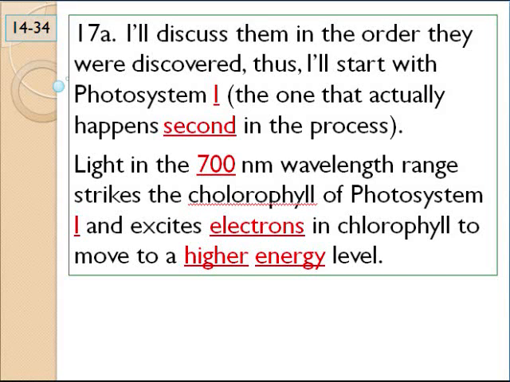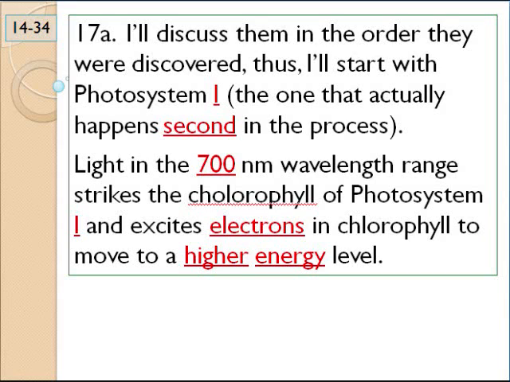Now, we're going to discuss them in the order that they were discovered, because it makes more sense. However, Photosystem I was really discovered second.